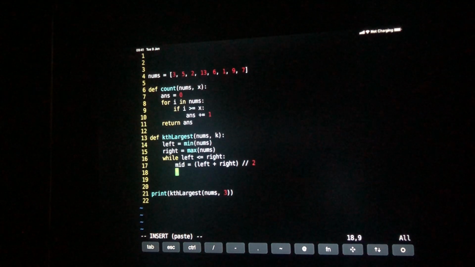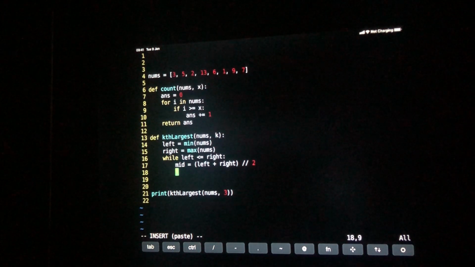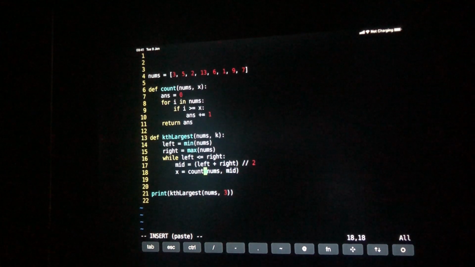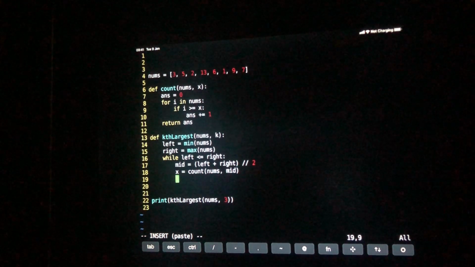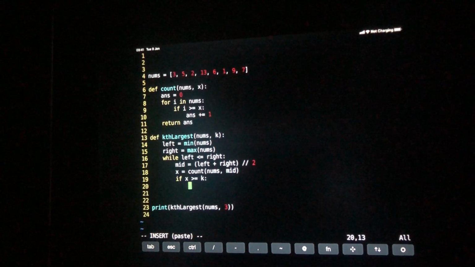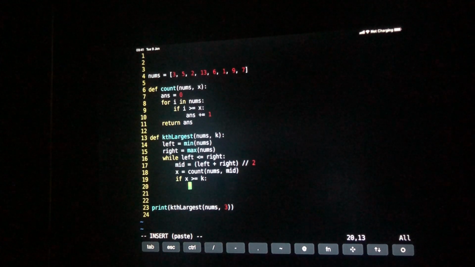Using double divide means that we're only interested in the integer. Then x equals count of nums, mid. Then you tell me, if x is bigger than or equal to k, then we need to increase the mid, right?